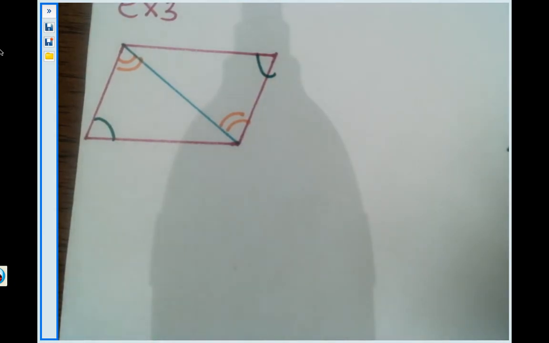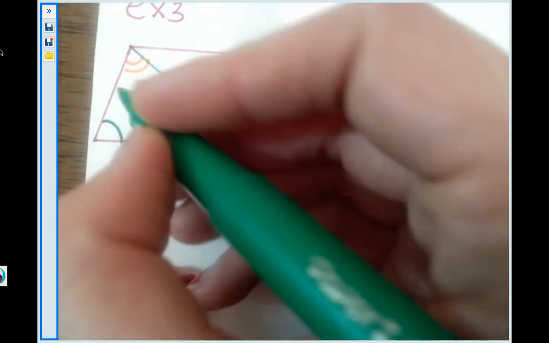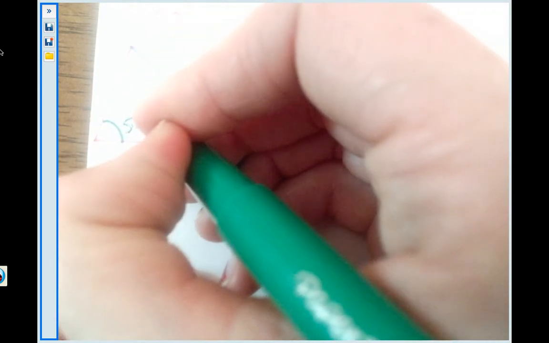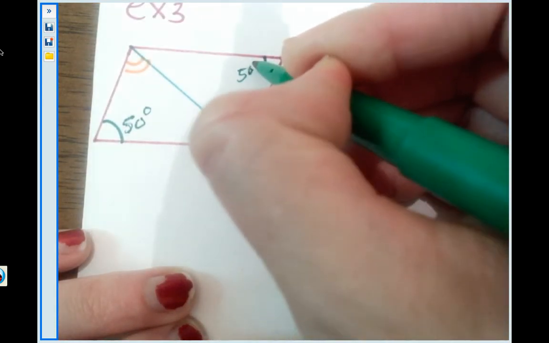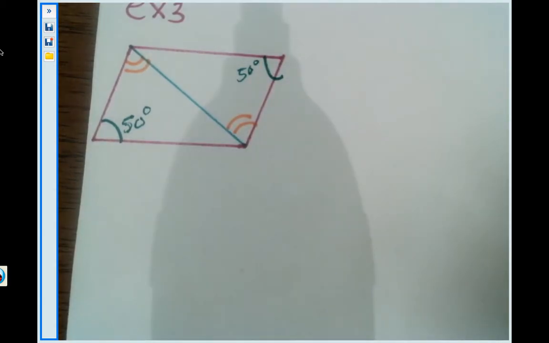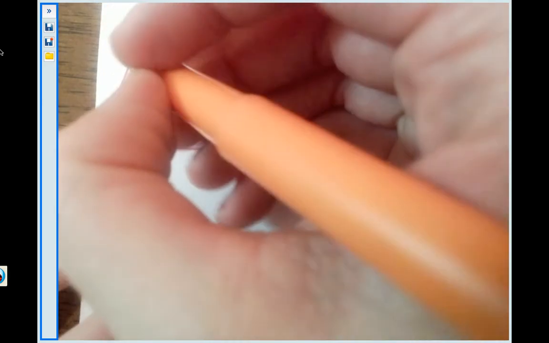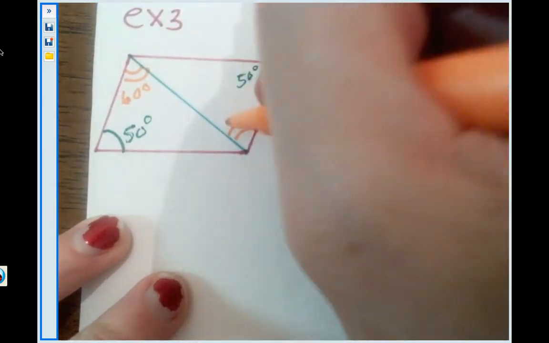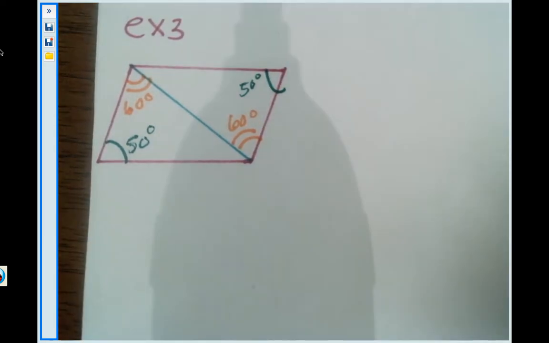So let's say that this one is 50 degrees, which means that this one's 50 degrees. And let's say the orange angle is 40 degrees. Why not? Or I guess maybe 60. It doesn't really matter, we're just pretending for now.